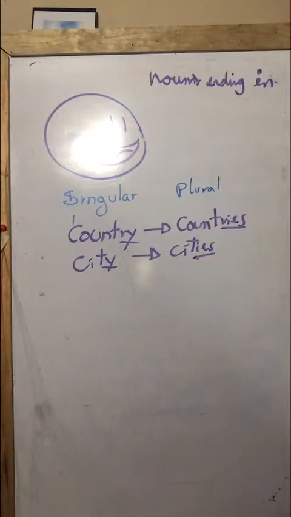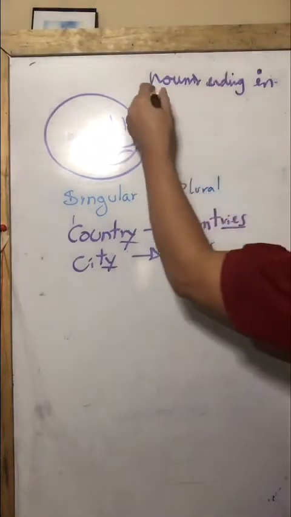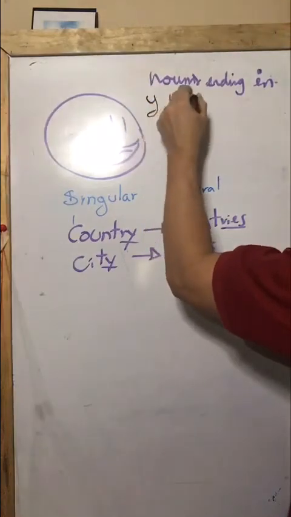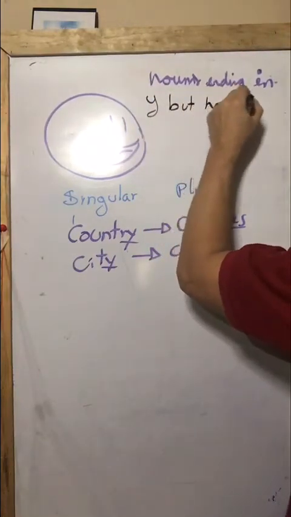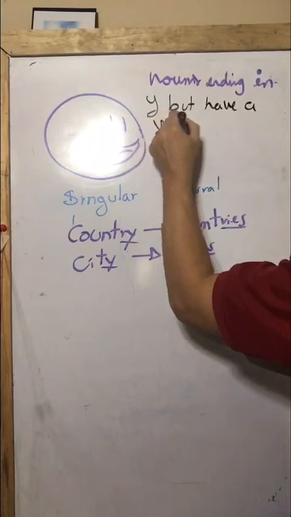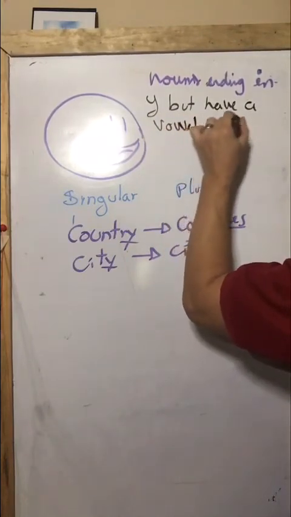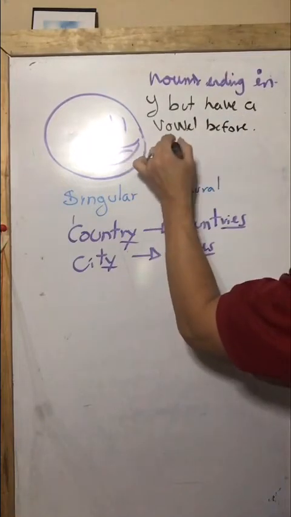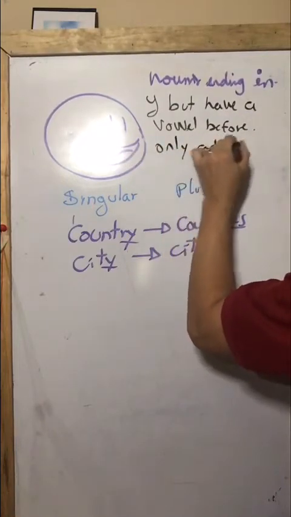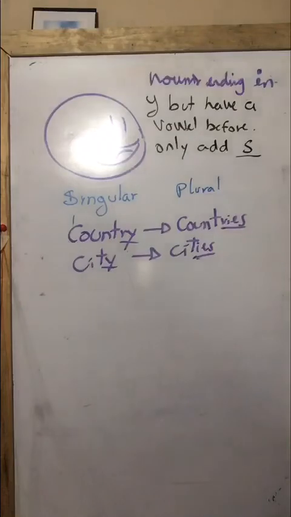Words that end in Y but have a vowel before the Y only add S. Okay, so let's see in what criteria that happens.